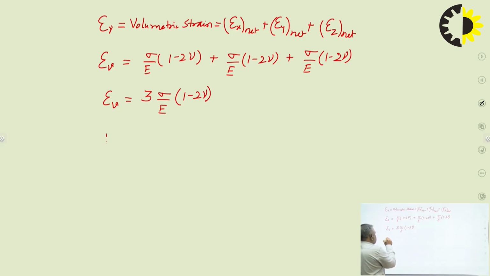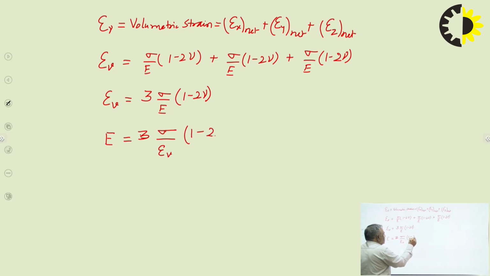Now I write E is equal to 3 times sigma upon epsilon V (1 minus 2 nu).